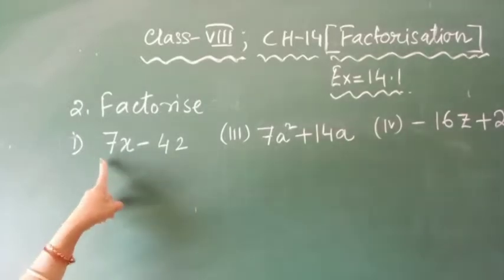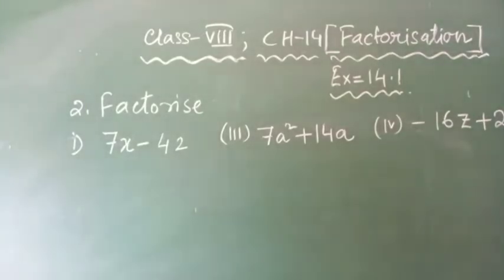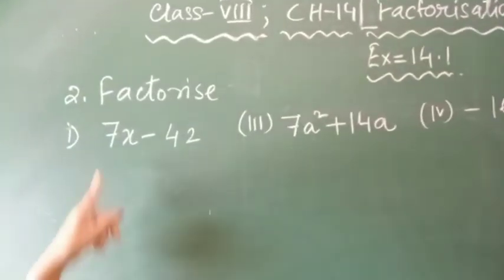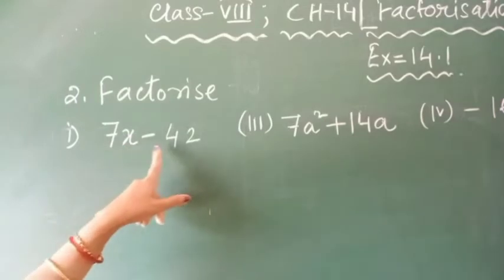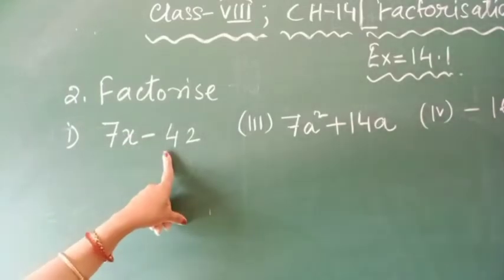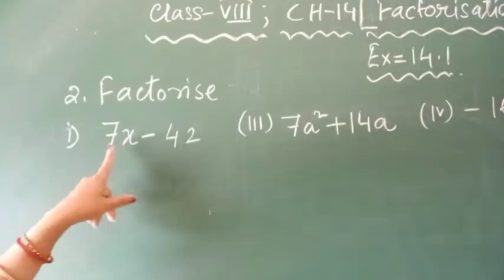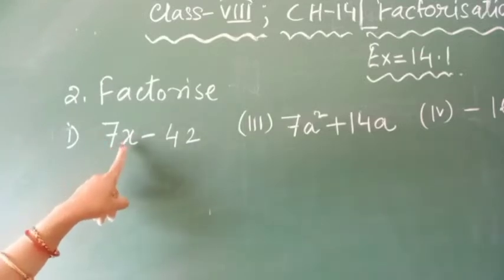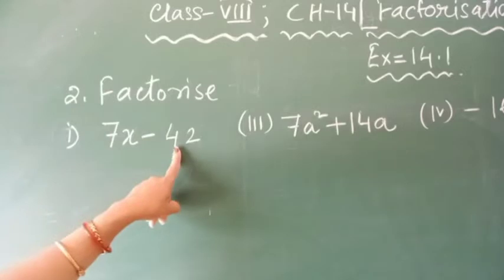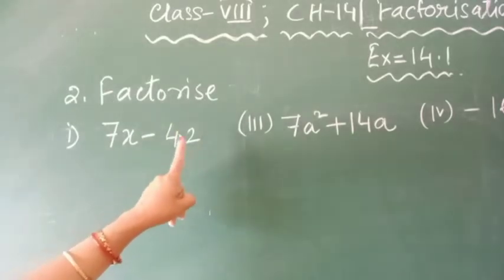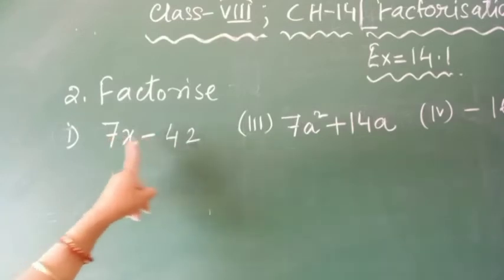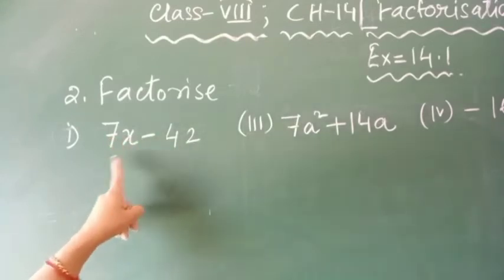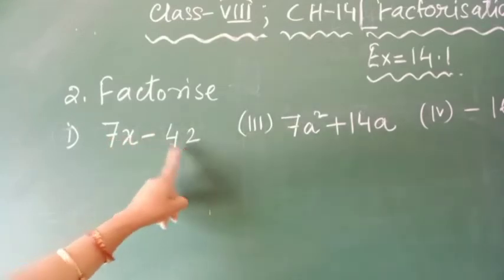Look at this question number 1, 7x minus 42. You can see that the factors here are 7 and x, and here the factors are 7 and 6. 6 means 2 into 3. So 7 I can take common from both the terms, from this binomial.